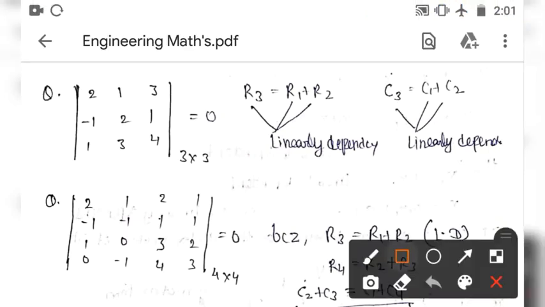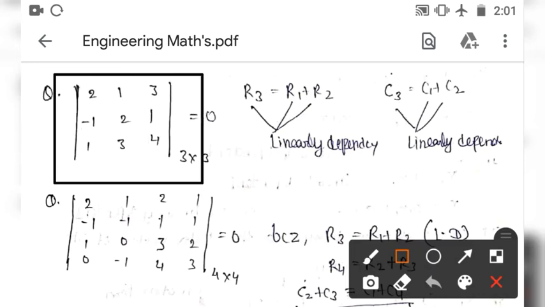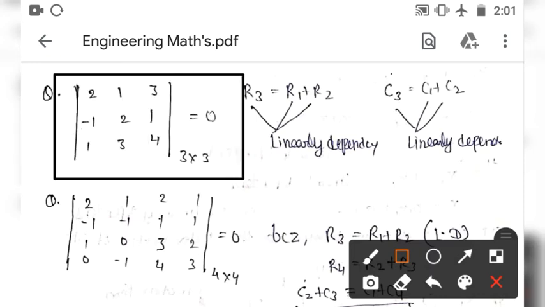There is a matrix given, a determinant with rows 2 1 3, minus 1 2 1, 1 3 4, equal to 0, of order 3 cross 3. See, when you look at the rows of this determinant, the third row we can write as the summation of row 1 plus row 2, which means there is a dependency.